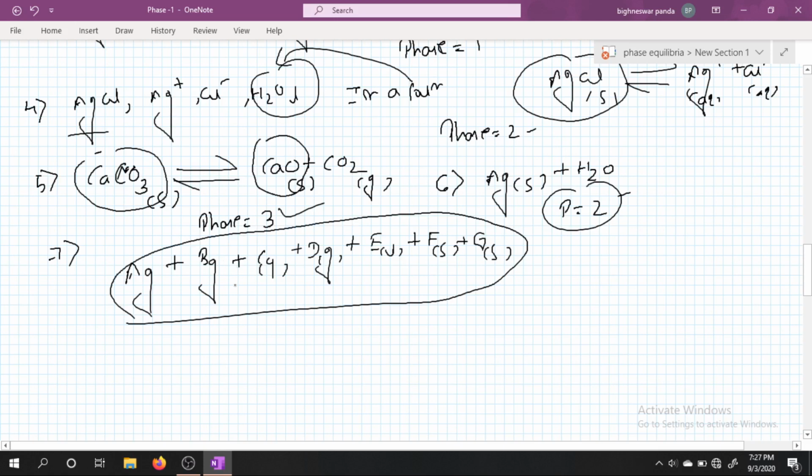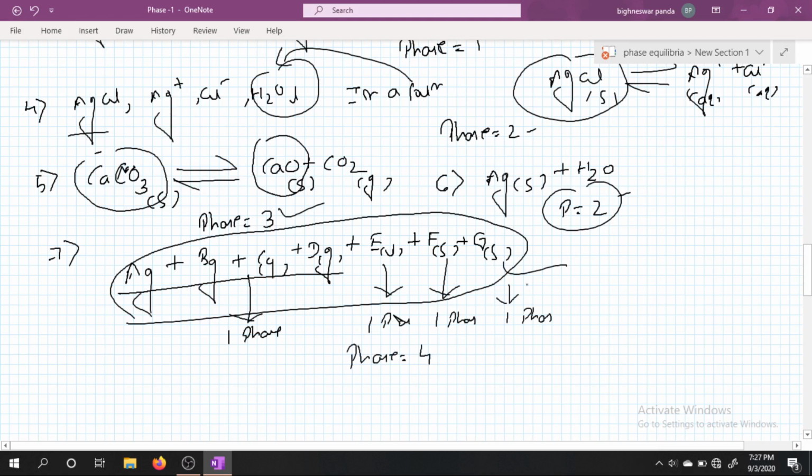Since gases combine with each other, they don't react, but they mix with each other and form a homogeneous phase. So here the 4 gases are in one phase, liquid is another phase, each solid is another phase, so total phase equal to 4.